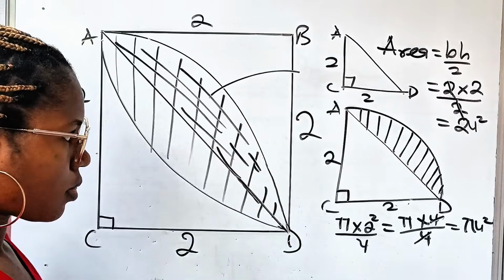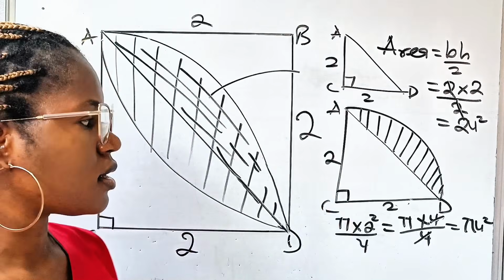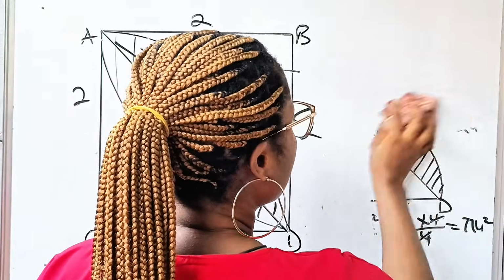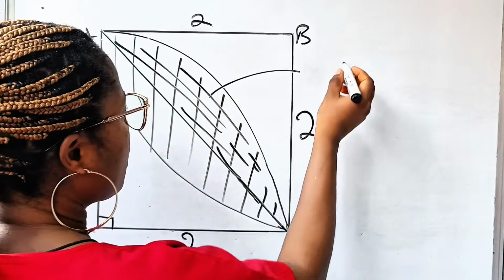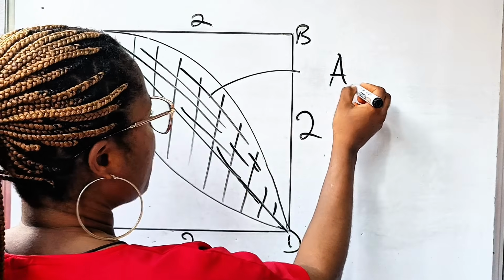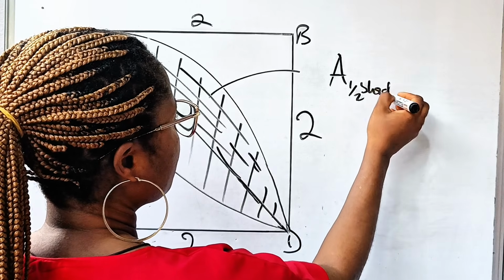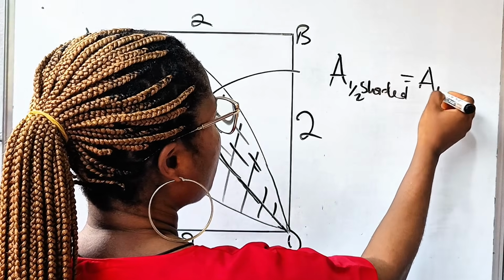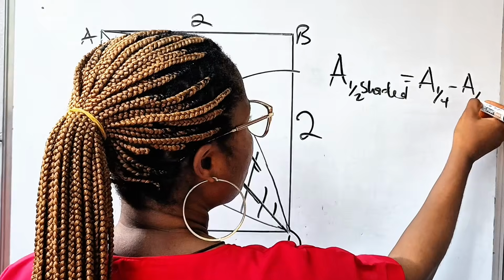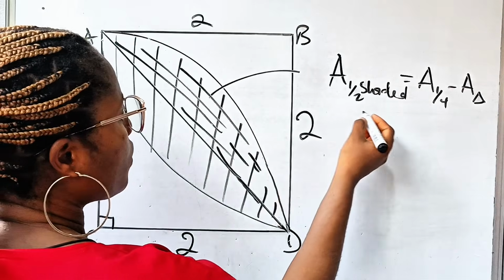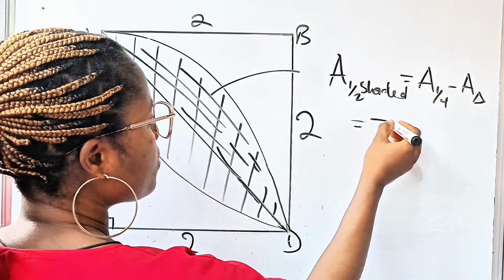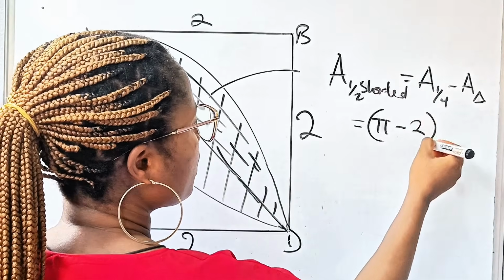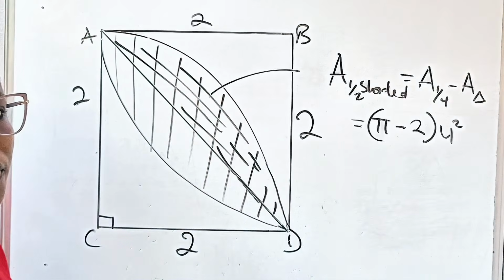All right. Now, area of the quadrant is pi and area of the triangle is 2. So area of the shaded portion, because this is half of it, will be equal to area of the quadrant minus area of the triangle. So it's going to be pi minus 2 units squared, right?